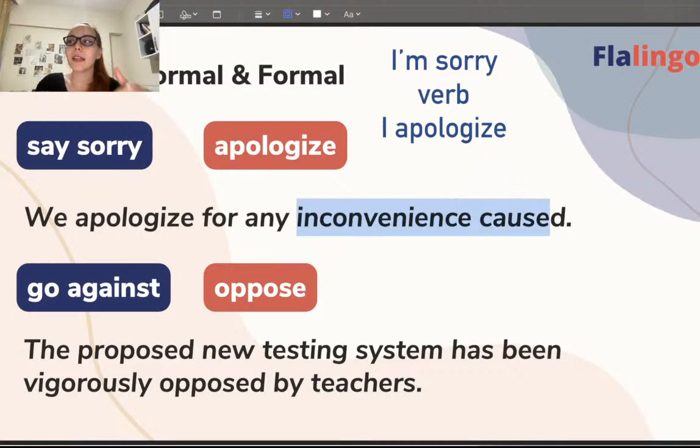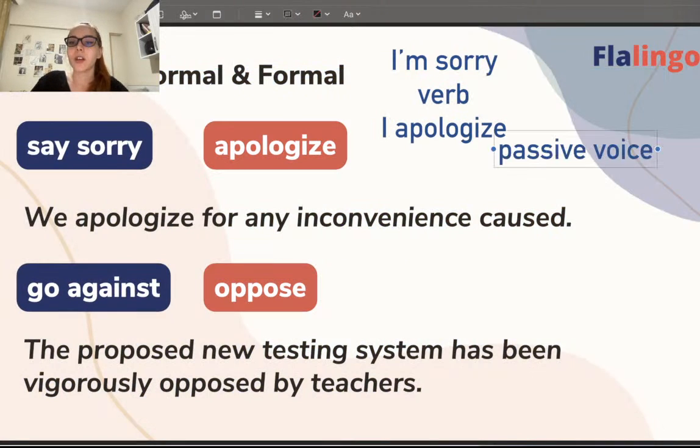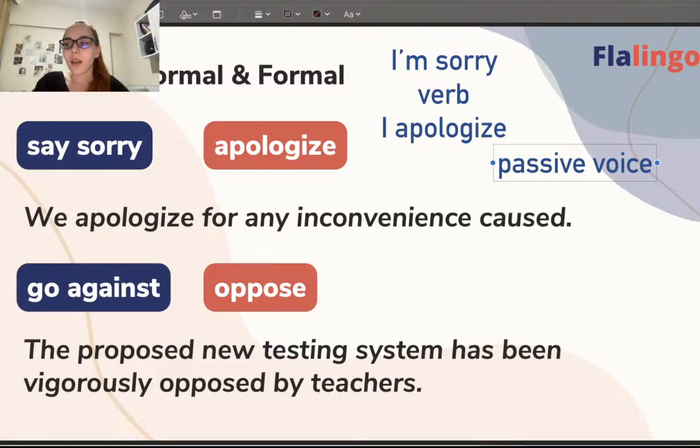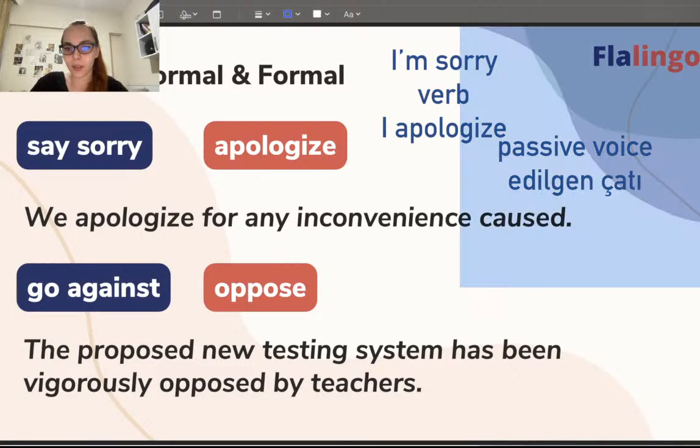As you can see here, in formal English, we're mostly using passive voice because you're not talking about yourself, you're talking as if presenting a company. So we're mostly using passive voice, and it is this grammar topic in Turkish. So yeah, okay.